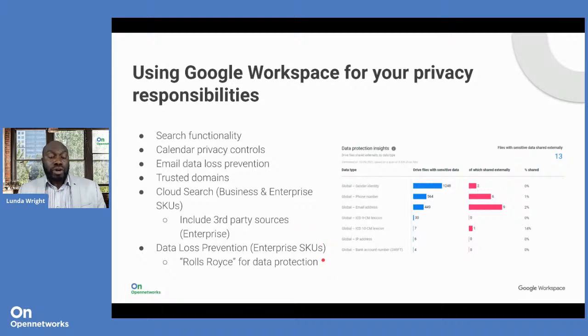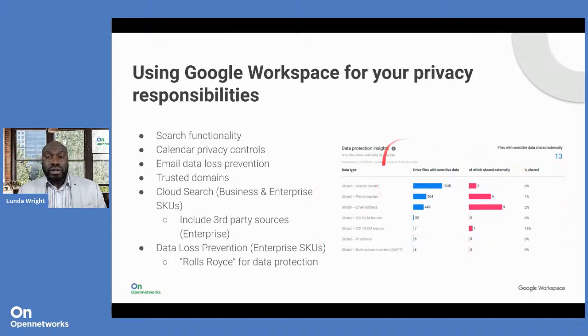The Rolls-Royce product that Google provides concerning your privacy is data loss prevention, which is available on your enterprise SKUs. This means that if there's any data in Google Drive, you can configure data loss prevention in order to monitor and prevent the leaking of not only private information, but important intellectual property.